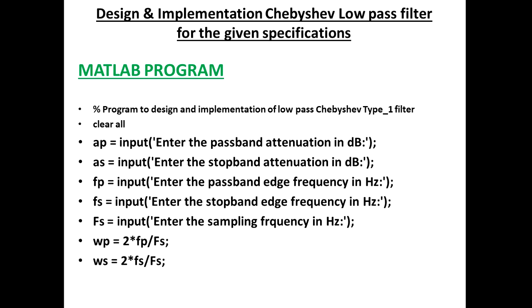Then we will do the normalization. Then instead of using buttord, here we are using cheb1ord. That is, it is a Chebyshev type 1 filter. Here by using this keyword you are getting n and omega n, that is n is the order of the filter and omega n is the cutoff frequency.